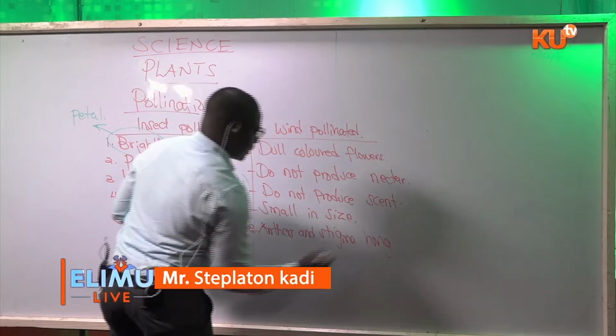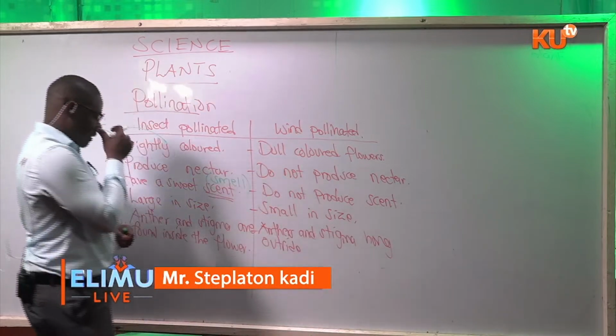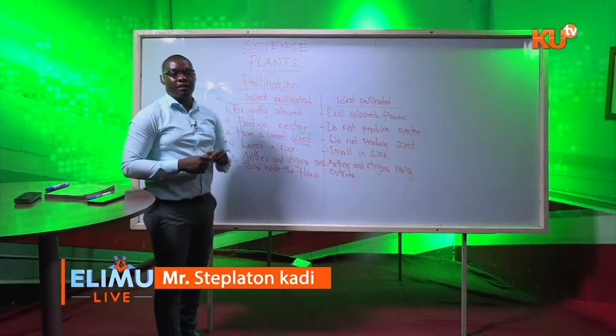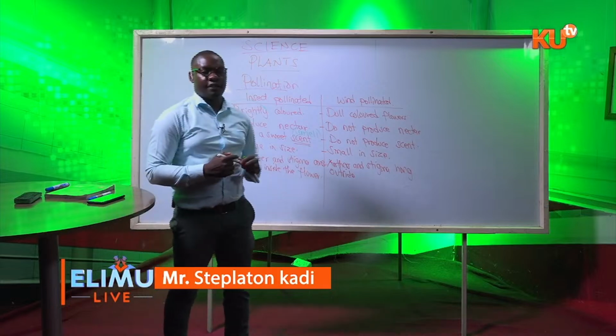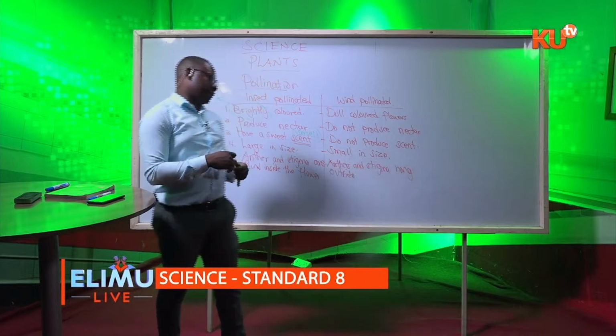The stigma and the anthers in insect-pollinated flowers are found inside the flower because the insect has to get in. That's why they are found inside.